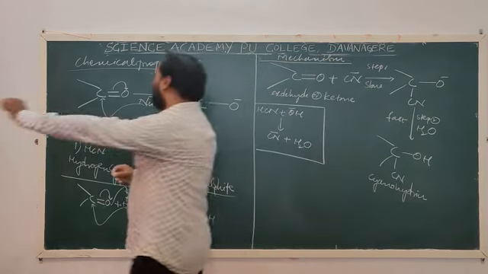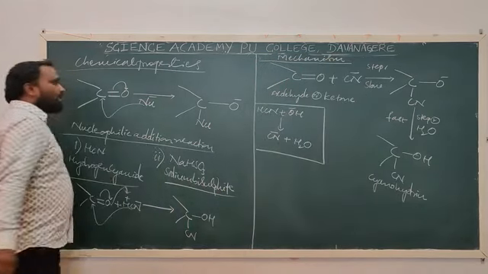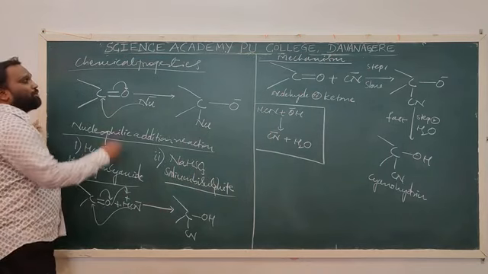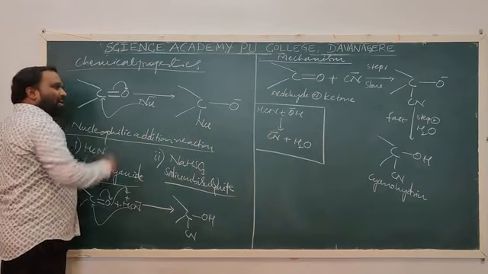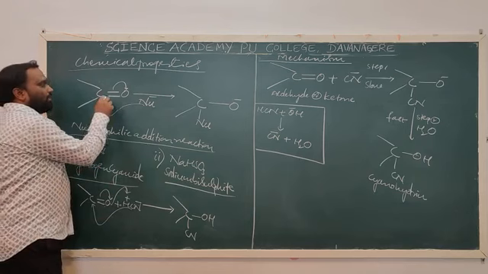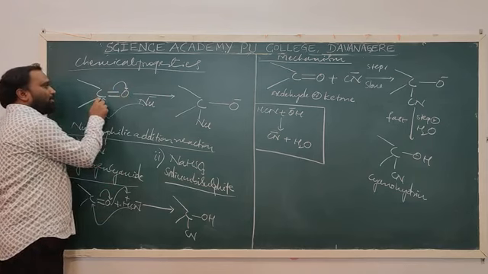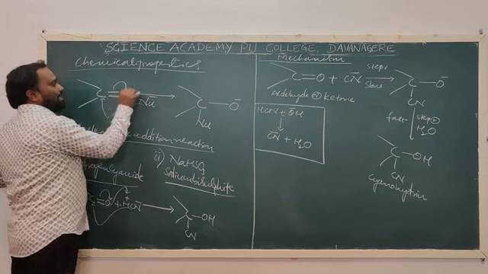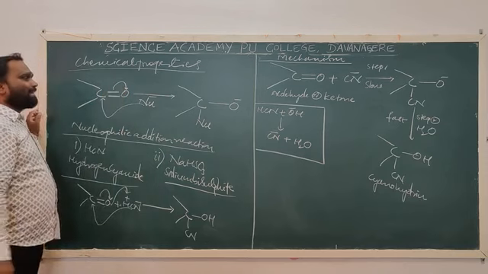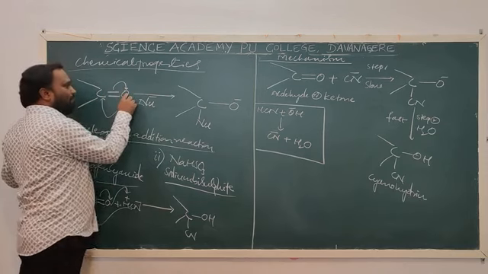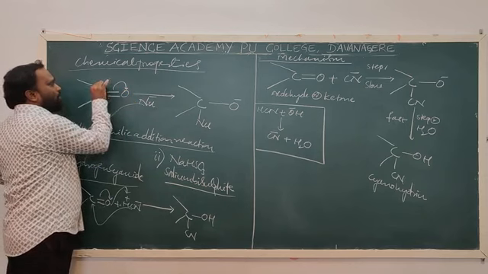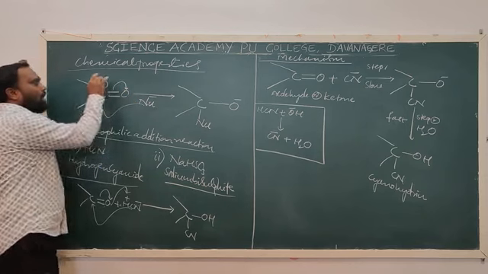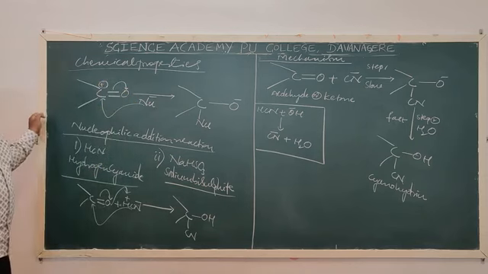The CO group which is present in either aldehyde or ketone is a polar group. This oxygen is more negative than the carbon atom. As a result, it drags the shared pair of electrons towards itself, creating a positive charge on this carbonyl carbon.